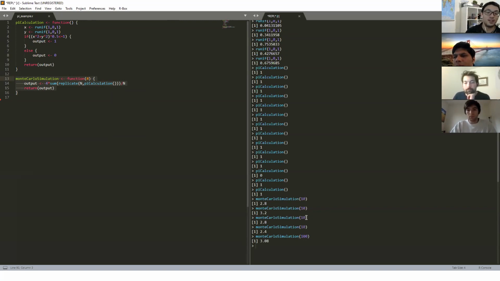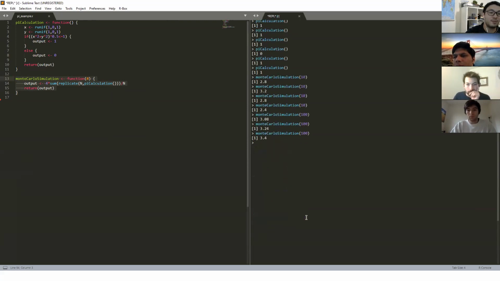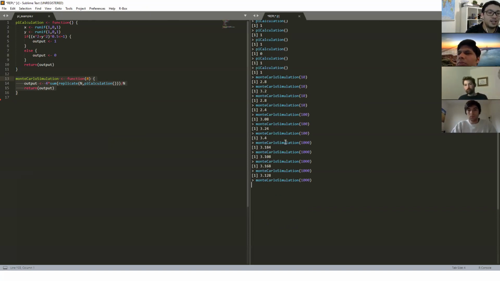If I do it 100 times, I get some of these values. If you do it 1,000 times, you start getting closer and closer. So with enough repeated values, you get the ability to simulate values that are relatively close to pi. Let's see what happens if I do it, what is this, like 10 million times? It might take a little while to run that simulation.